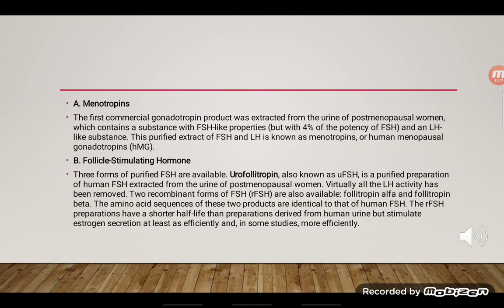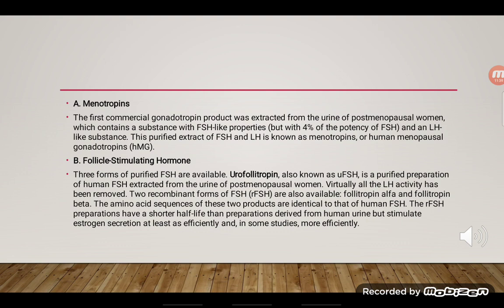Okay, so menotropins. This is the first available gonadotropin, which is extracted from the urine of postmenopausal women.